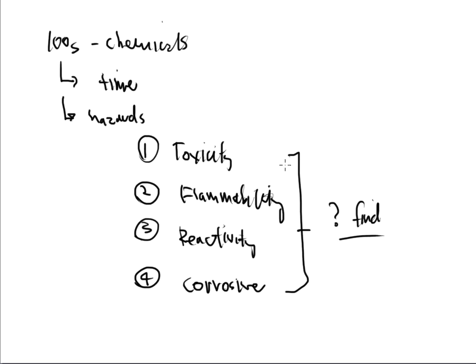And not only how do I find it, but how is it organized? Is it alphabetical order, or is it listed in order of something else? These are the things that we're going to walk through, so that you feel very comfortable knowing where to find the information that you have to have before you safely go into a laboratory and work with some of these chemicals.